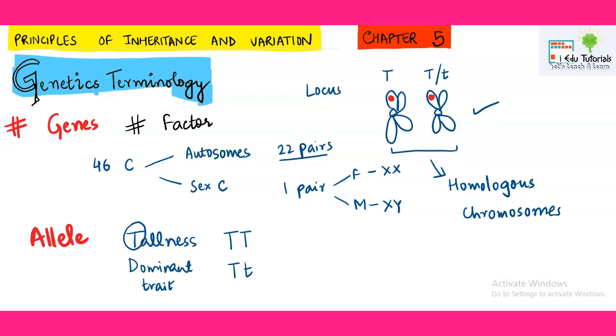These are the contrasting forms of a gene, and contrasting forms of the gene are always known as alleles. Remember, a capital letter is always used to show the dominant condition, and the small letter should be of T only. So the small t will define the recessive condition.